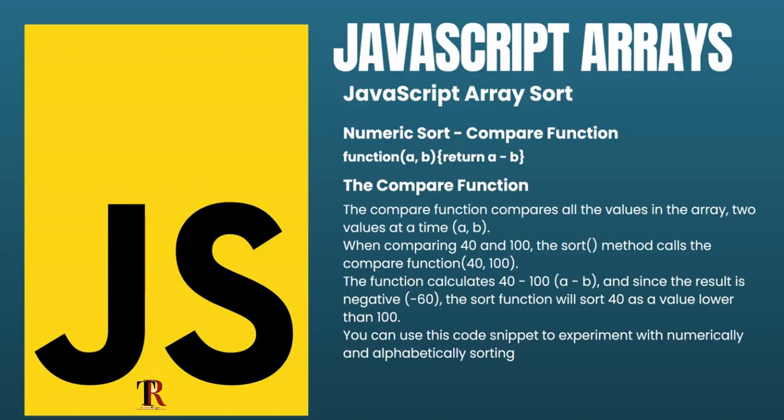So let's say we have another pair of numbers, like 50 and 40. In that case, 50 is greater than 40, and the output will be 10, which is a positive result. If you have a positive result, the value will come after.